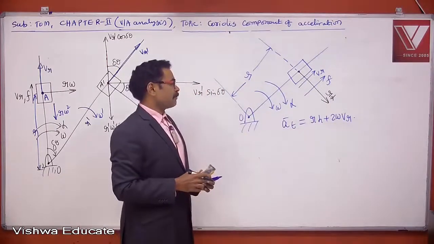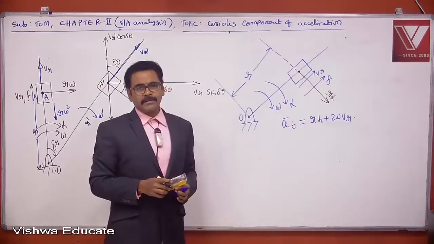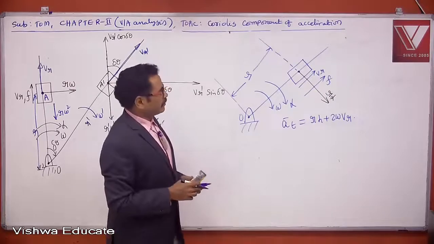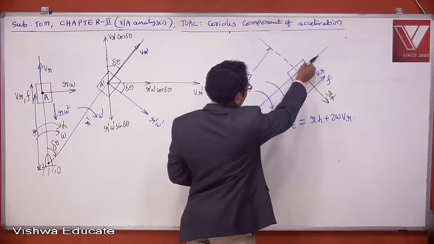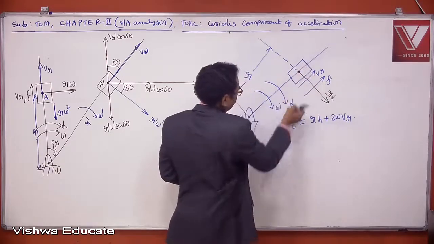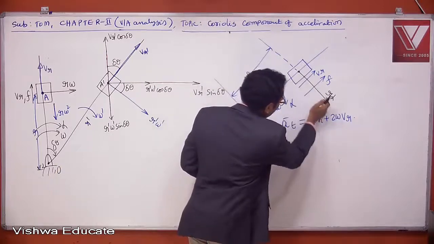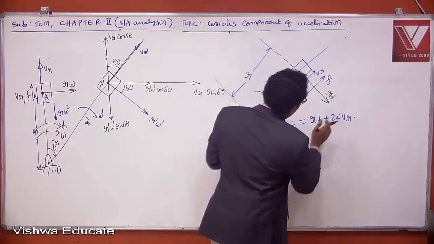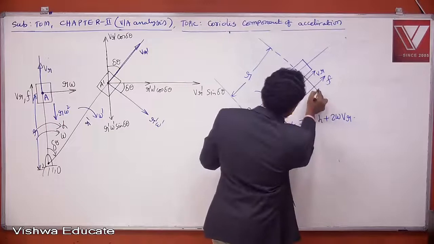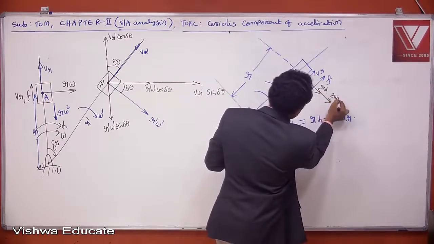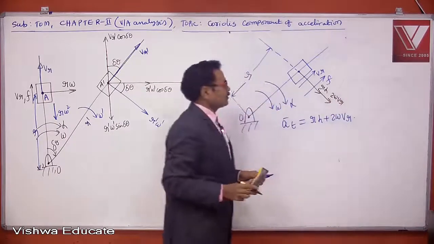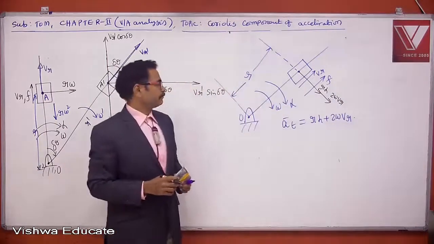What is the direction of the Coriolis component of acceleration? You can find it by rotating the radial velocity vector by 90 degrees in the direction of omega. Omega is clockwise. I'm rotating like this. So R alpha is acting like this, and 2 omega VR is also acting like this. Both are acting in the same direction.